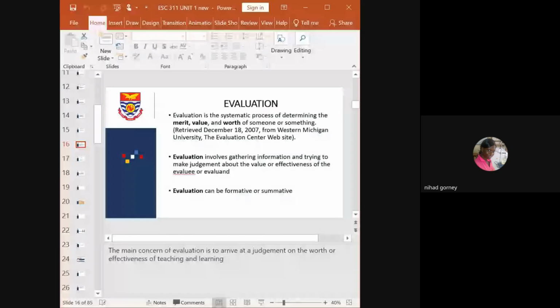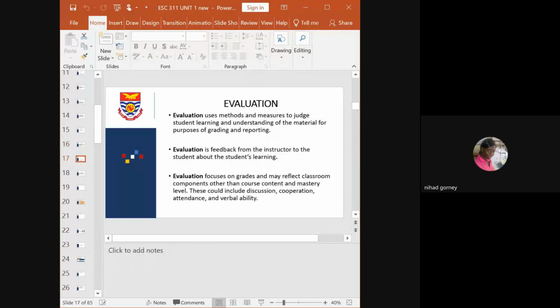The main concern of evaluation is for us to arrive at a judgment on how worthy the teaching and learning happening in class is. When we want to make that judgment, there are two ways we do it. Either we evaluate formatively, or we wait for everything to finish and then evaluate summatively. So we have formative evaluation and summative evaluation.